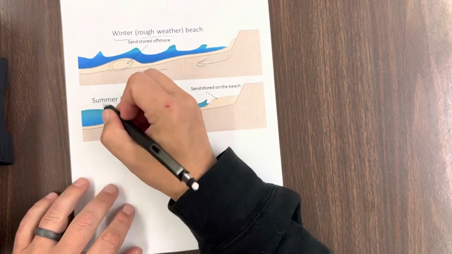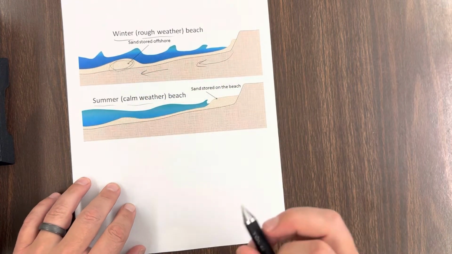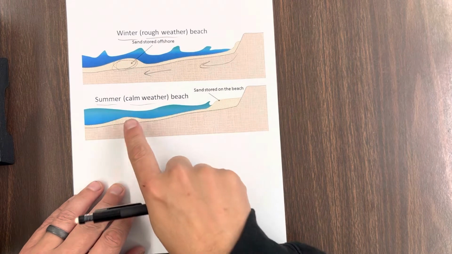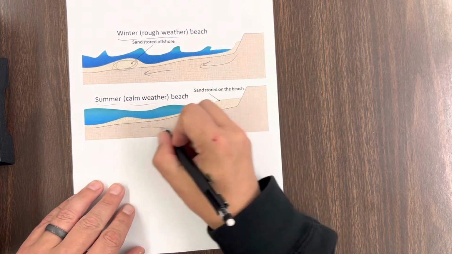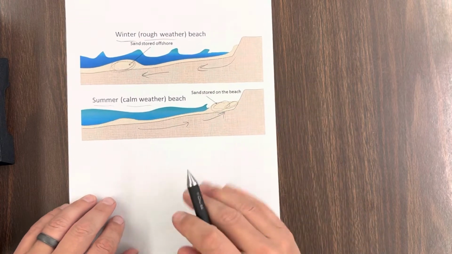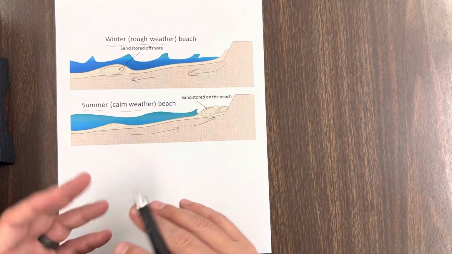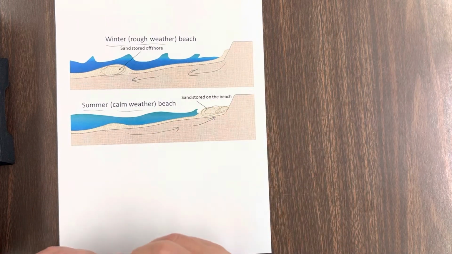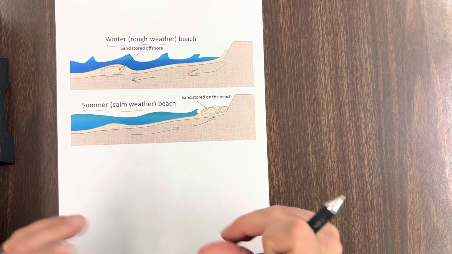But during summer, generally, you have calmer weather, and that calmer wave action will actually start to push that sand back up and deposit it on the beach. So between winter and summer, you get a difference in the beach. But even day to day, you get small changes between the tides.